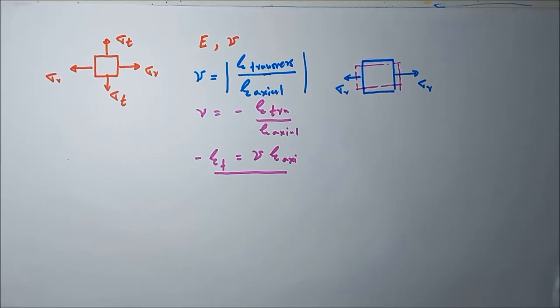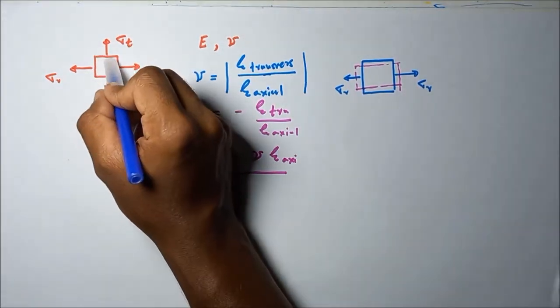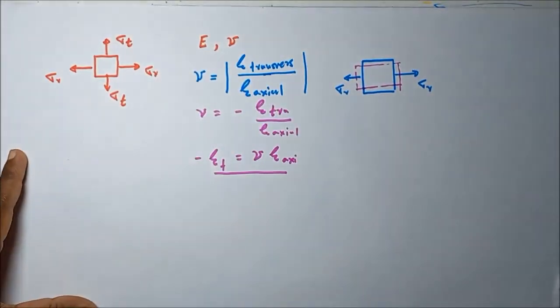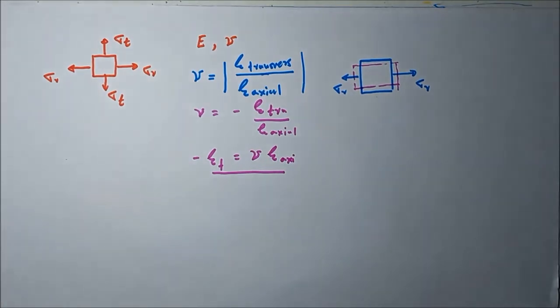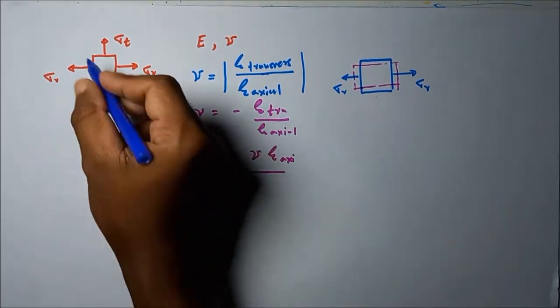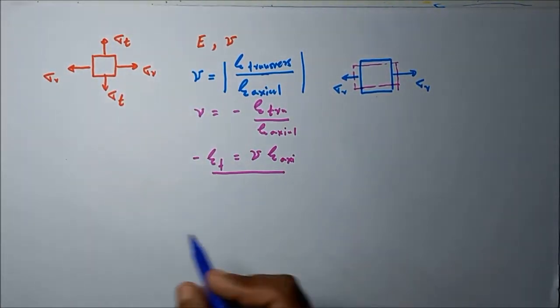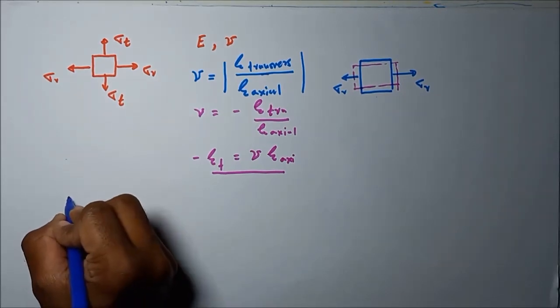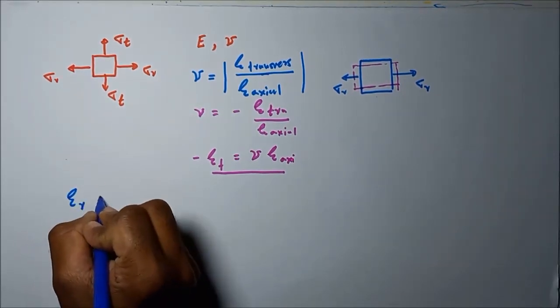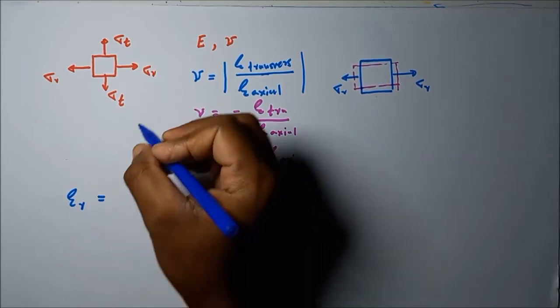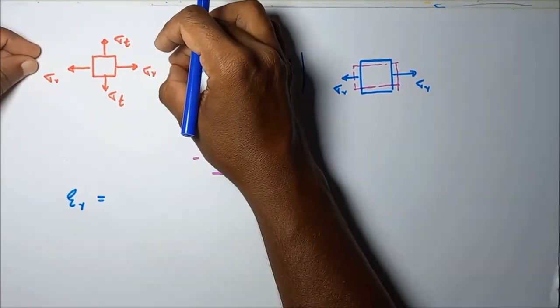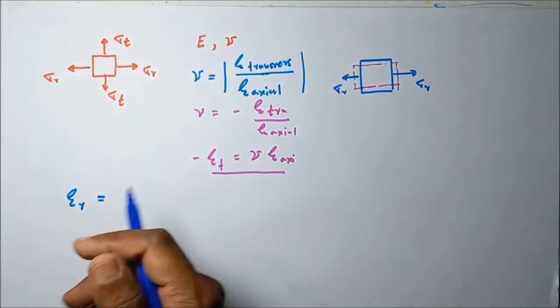Then let me write the equation for strain for our thick wall cylinder application. I'm going to write the strain in the radial and tangential directions. First, the strain in the radial direction. Because of sigma r, what is the amount of stretch?